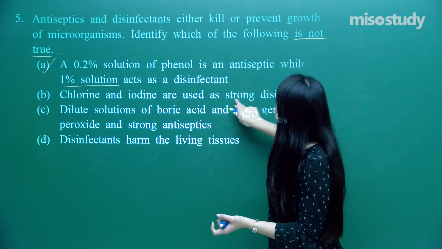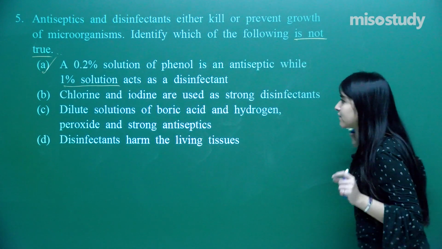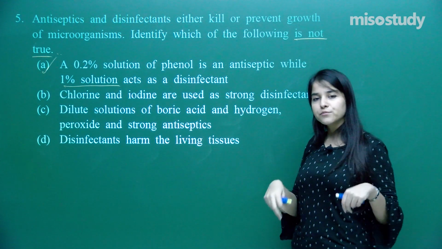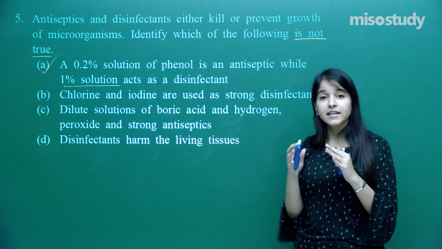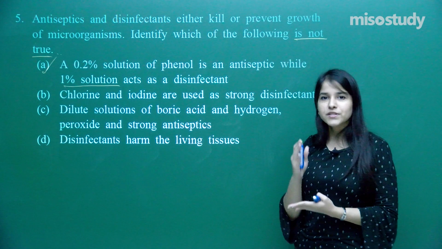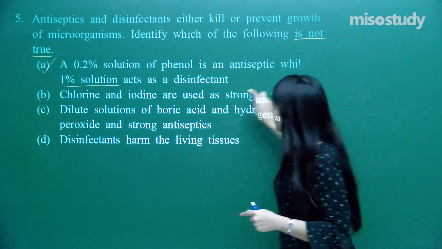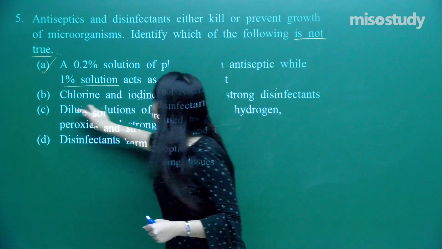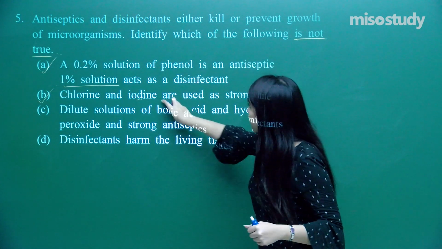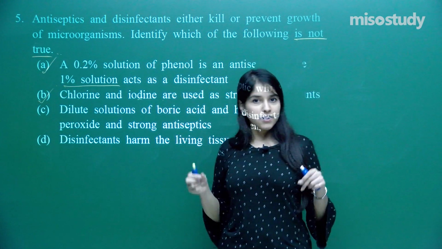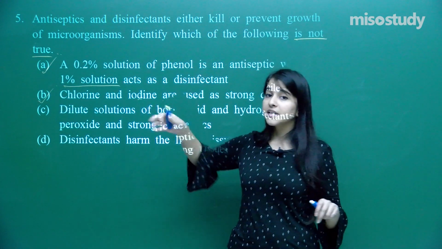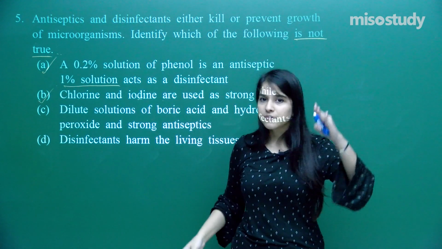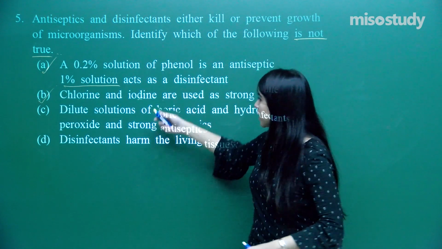Chlorine and iodine are used as strong disinfectants. Yes, definitely. In swimming pools there is chlorine, used as a disinfectant. Iodine is also a disinfectant. We also use iodine in antiseptics, but in a reduced amount.